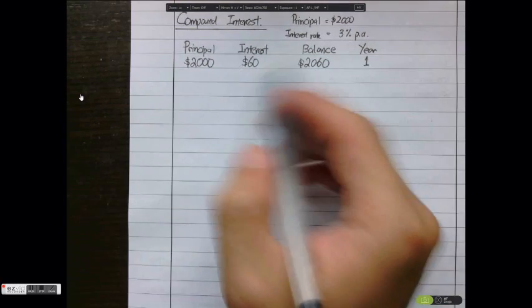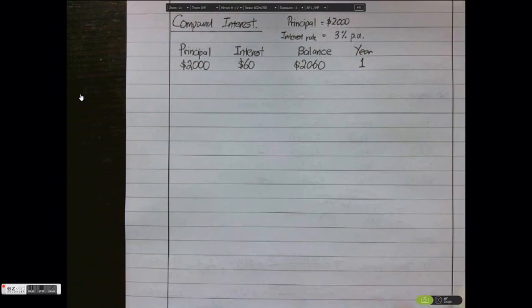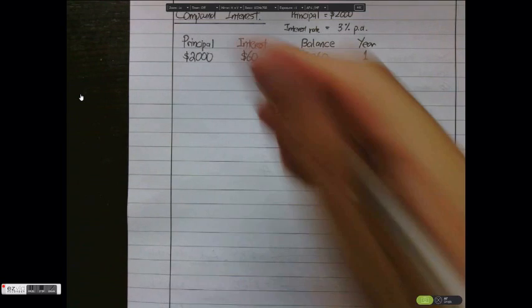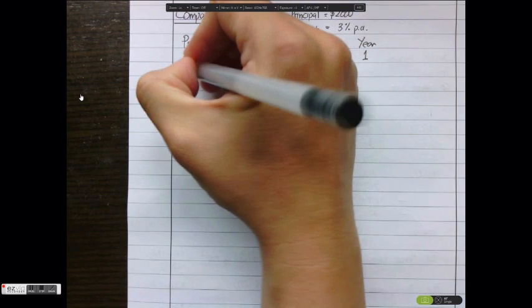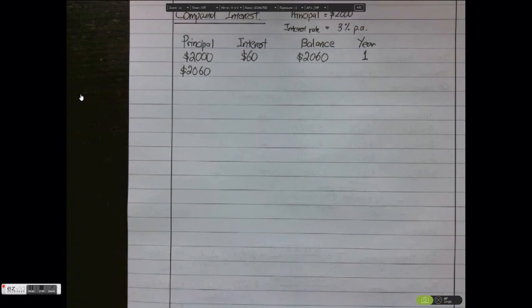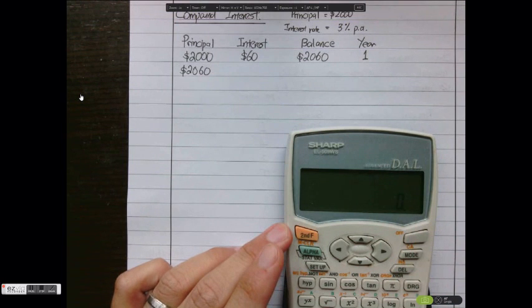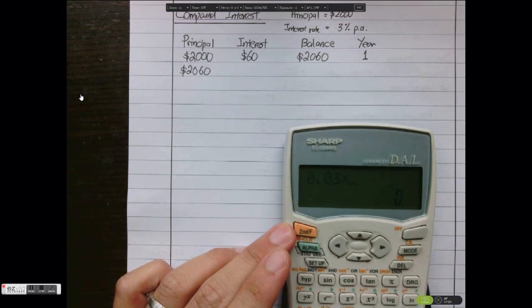Now instead of calculating my year 2 interest based on the principal of $2,000, I use $2,060, then I start to calculate my interest. My interest for year 2 is 3% of 2060.